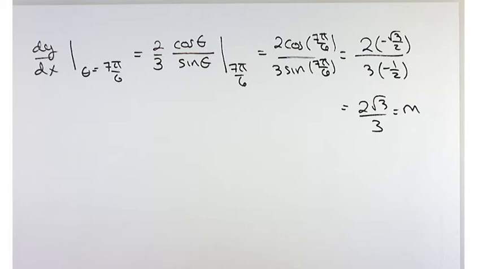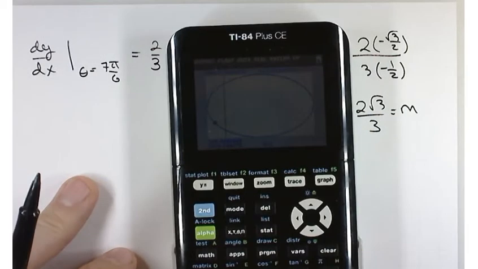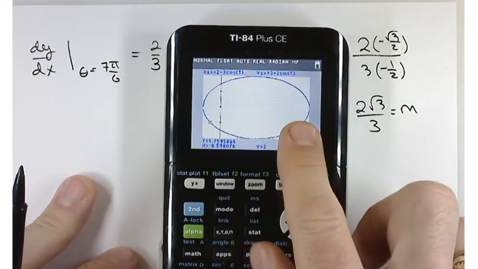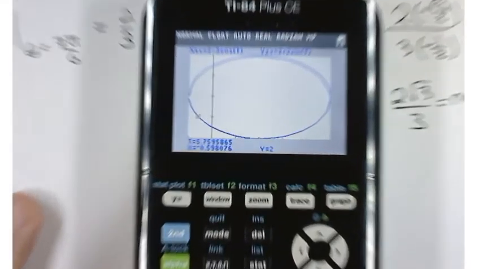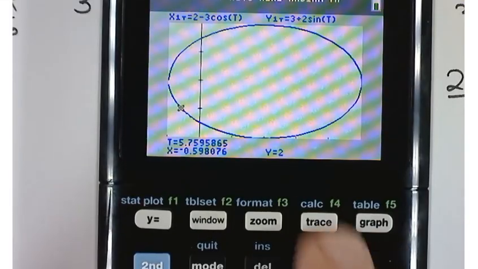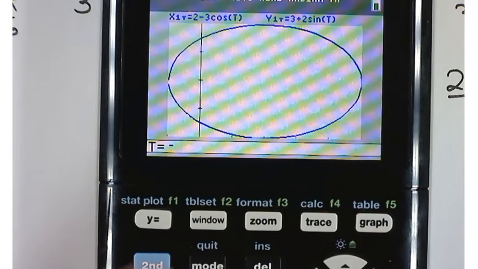Those are equivalent. First of all, whenever we substitute into an equation like this, it would have to be in radians. So it'd be kind of an interesting question here. And I don't think this is going to work on this one. If we want to trace at negative pi over 6, I just don't know what's going to happen here.